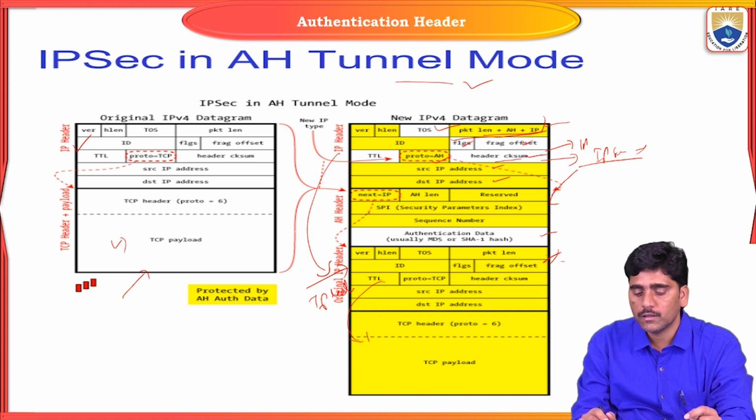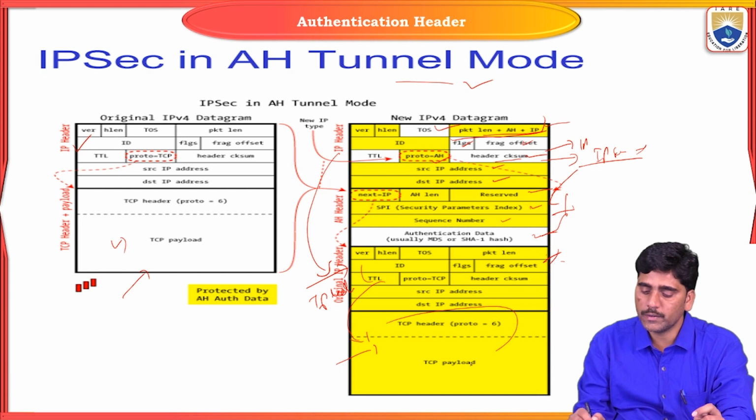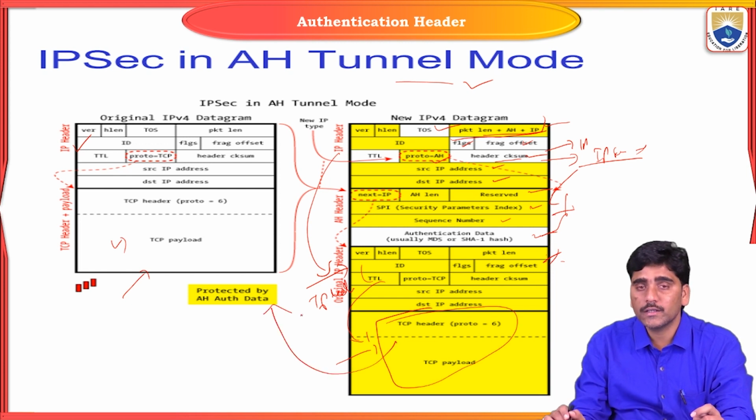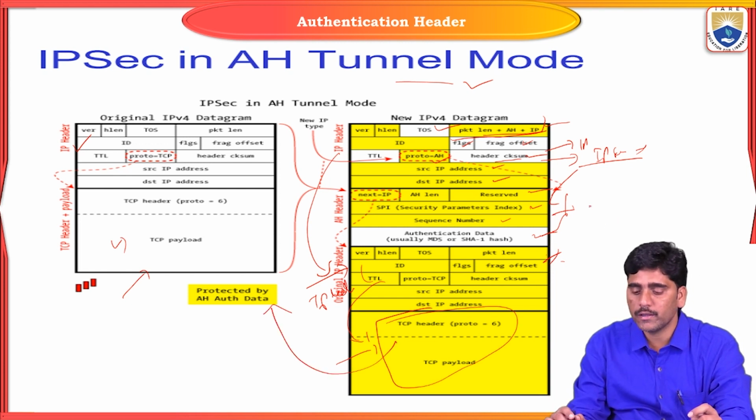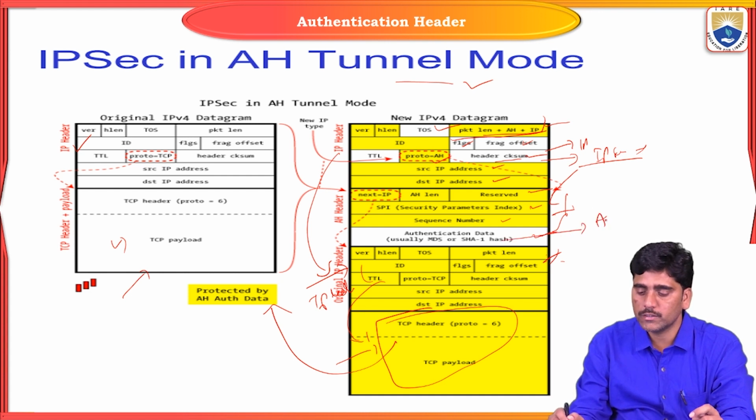Here again it contains next header equals IP, authentication header length, reserved field, security parameters index field, sequence number field, and authentication data. These are the fields contained in the IP header with the authentication header. And this is also the same IP header, and last the TCP header plus data. The TCP header plus data is authenticated data, which is protected by the authentication header.